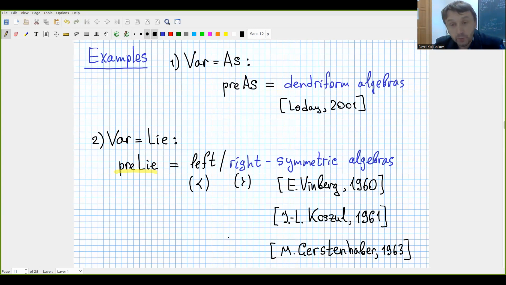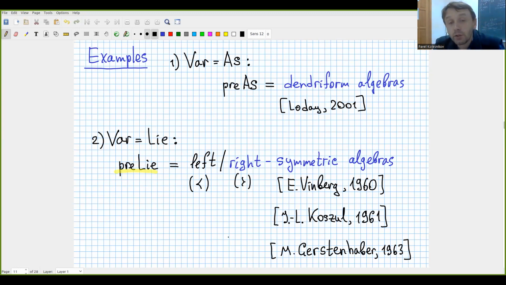Lie algebras provide a very interesting example because pre-Lie algebras emerged in the 60s. They were introduced independently by Vinberg, Koszul, and Gerstenhaber in various problems related with geometry and homological algebra. Pre-Lie algebras are also defined by only one operation, because Lie algebras have a skew-symmetric multiplication.